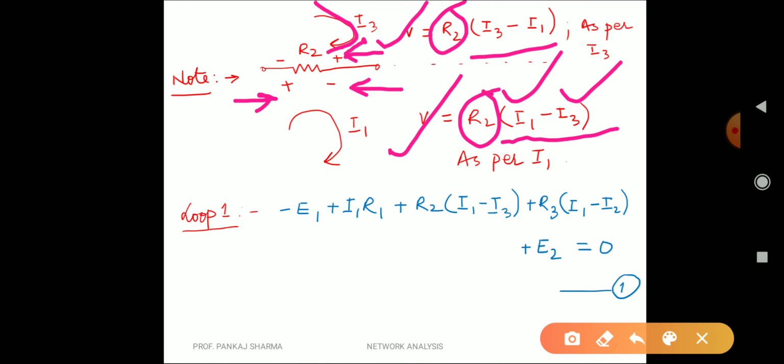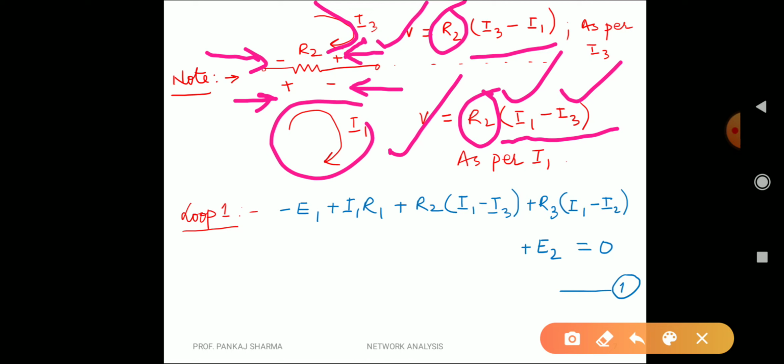I3 is entering at the positive terminal, and I1 is entering at the negative terminal, so there is I3 minus I1. So the complete V is equal to R2 into I3 minus I1. This was the main motto. I have just isolated this R2 and shown you how to write this kind of equation.